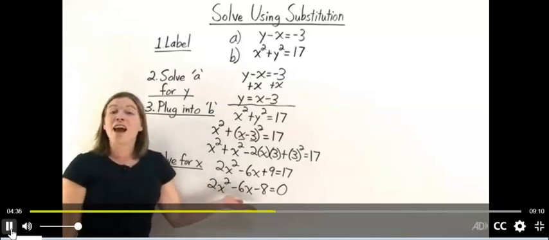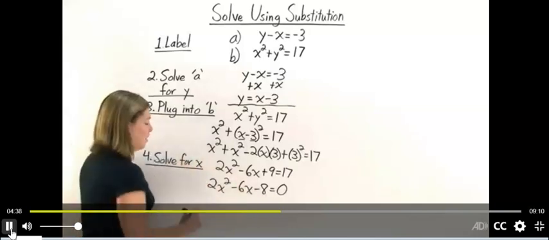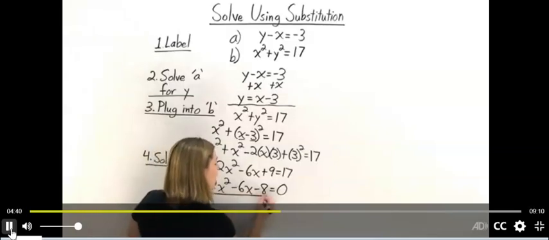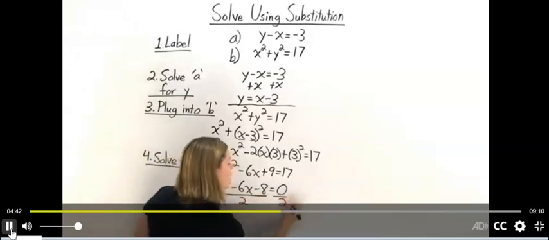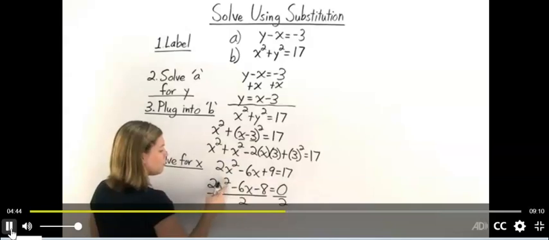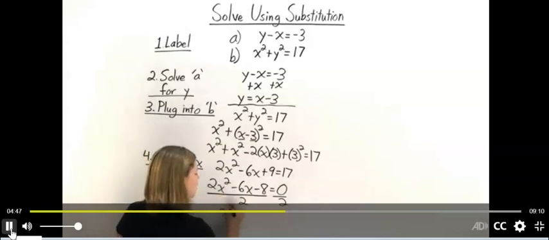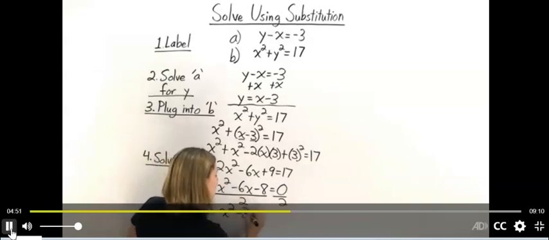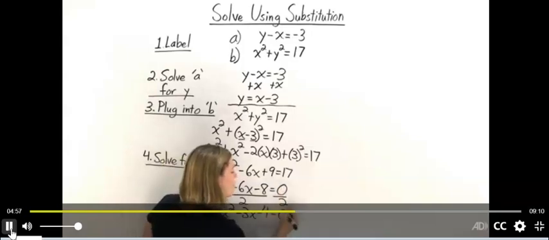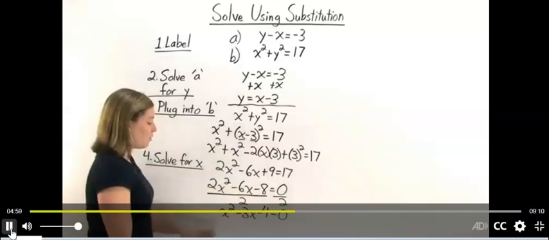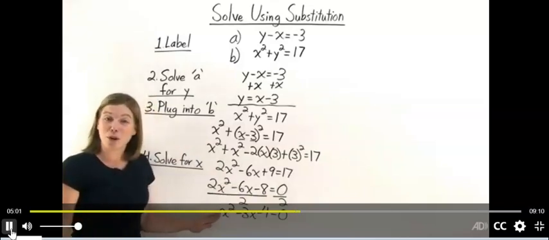Each of those can have a 2 factored out. So, if we divide both sides by 2, that will factor out that 2. 2x squared divided by 2 just gives us x squared. -6x divided by 2 gives us -3x. And -8 divided by 2 gives us -4. Over on the right, 0 divided by 2 is just 0. So we get this slightly simpler equation.